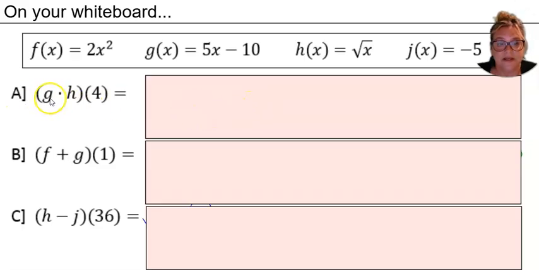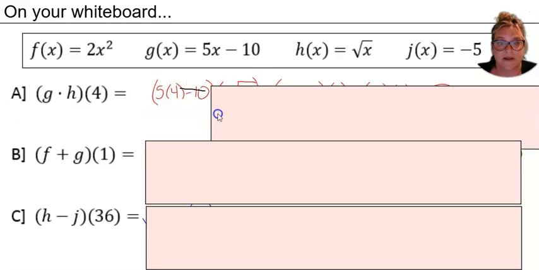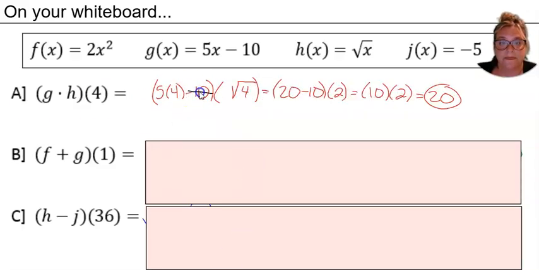So in A, we're taking the function g times the function h. We're going to evaluate that product at 4. That's going to be g of x, which is 5x minus 10. We substitute in the 4 for the x, so we have 5 times 4 minus 10.